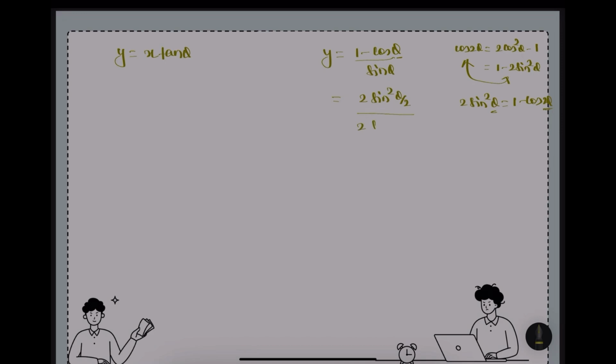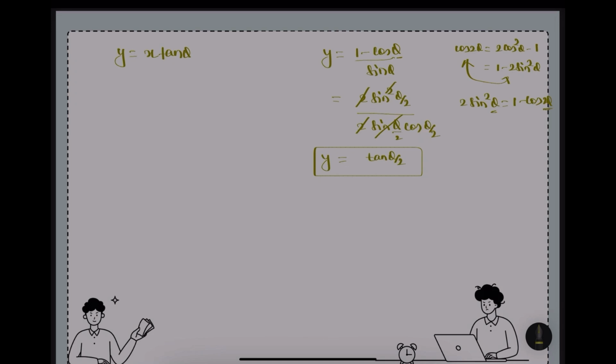Yes, 2 sine theta by 2 cos theta by 2. Now this thing and this thing will be neutralized, and we will be left with sine theta by 2 upon cos theta by 2, which is tan theta by 2. So you have y as tan theta by 2.